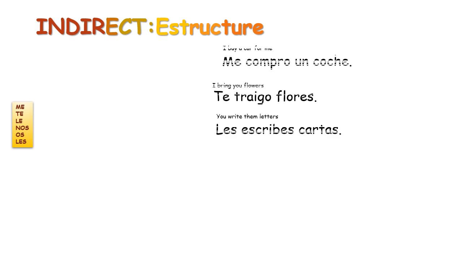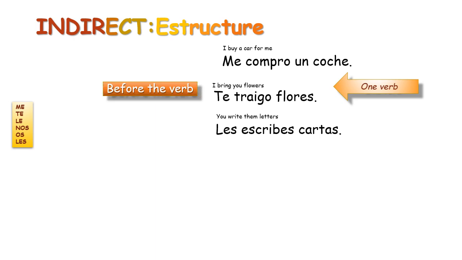So this won't be a surprise. If we have just one verb, we need to place the indirect object pronoun before the verb. For example, I buy a car for me, me compro un coche, or I bring you flowers, te traigo flores, or you write letters, les escribes cartas.